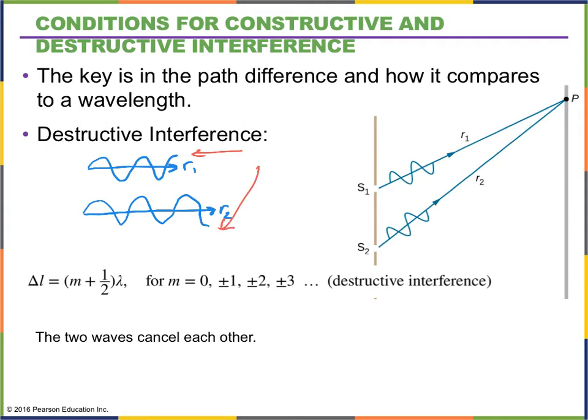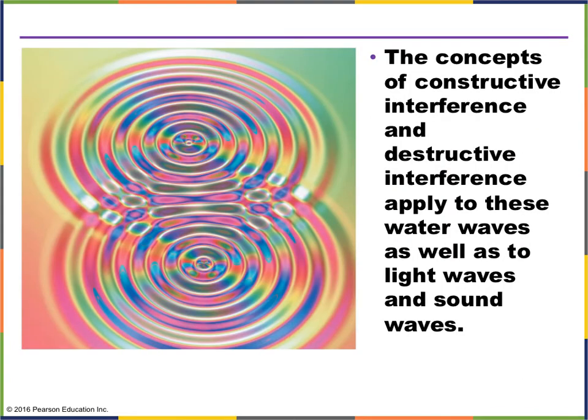That's when we have destructive interference. And R2 minus R1 gives us the path length, delta L. If it's like a half a wavelength or 3/2 a wavelength or something like that, then the two waves are going to arrive exactly out of phase at that point, and they're going to experience destructive interference. That's something that's really important to remember, and we're going to come back to that in a moment.